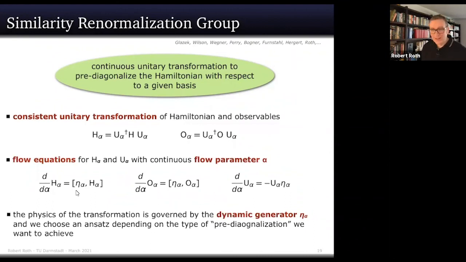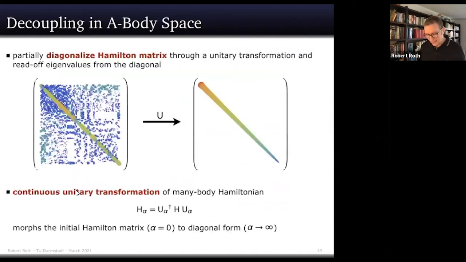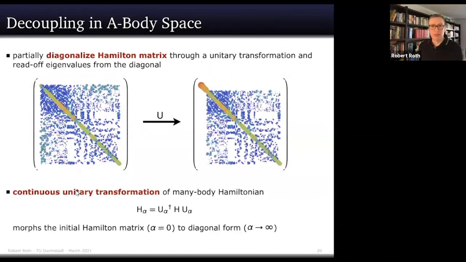But we can recycle this whole framework now as an independent many-body method, and that is the in-medium SRG. So it's exactly the same idea. I just now reconsider what the Hamiltonian and this generator should be. And I go back to my pictorial introduction. I want to go from my full matrix to some decoupling, and it doesn't even have to be this extreme decoupling.